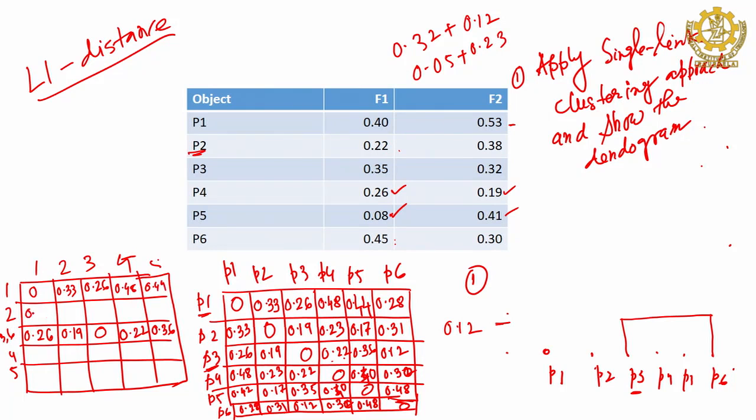So, this is 0.33, this is 0, this will be 0.19, 0.23, 0.17. So, this is a problem. 0.26 is here. What is 0.26? Okay.